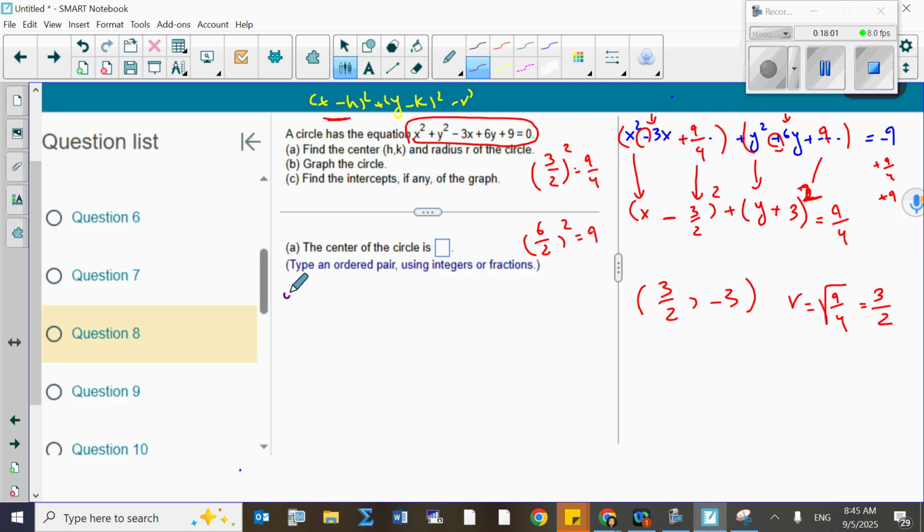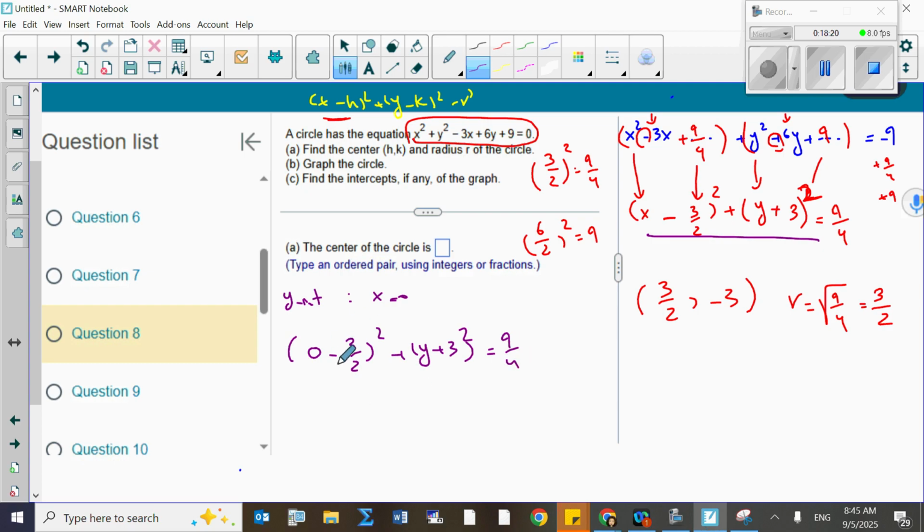Okay, so this time to find the y-intercept, I'm going to set x equal to 0. I'm going to plug that here. So the equation will look like x minus 3 over 2 squared plus y plus 3 squared equal to 9 over 4.